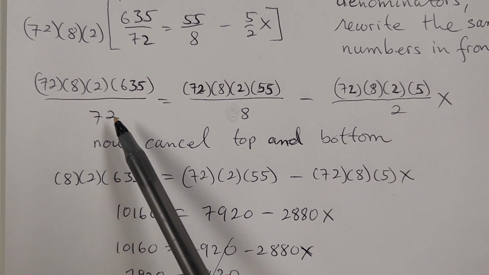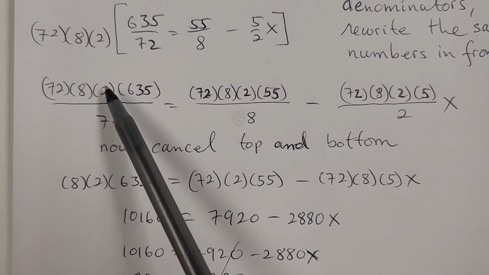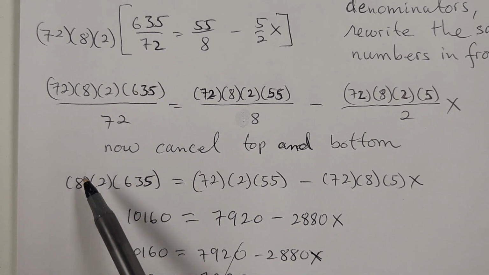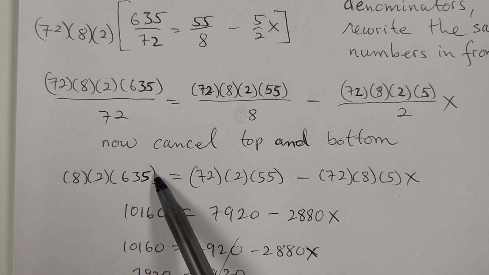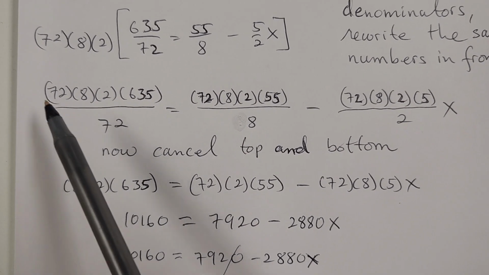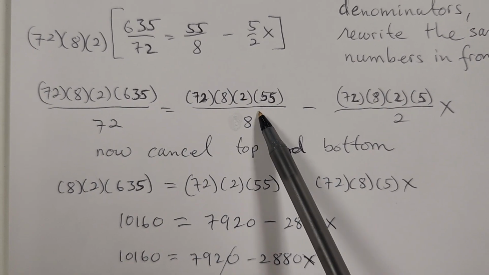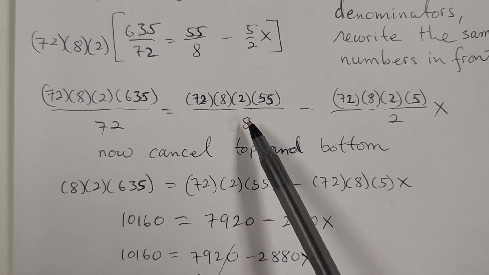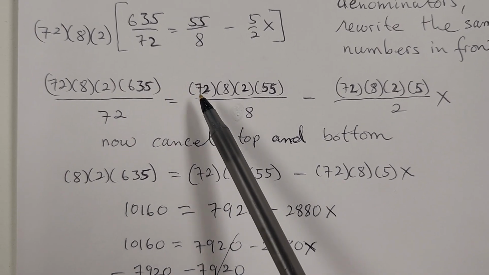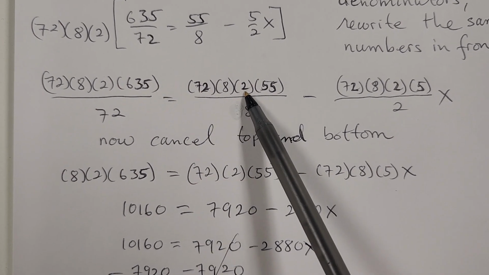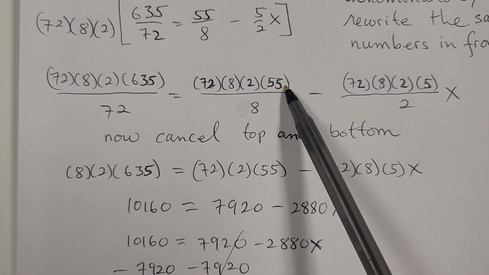All you have left is 8, 2, 6, 3, 5. This 72 is canceled. Do the next term. This 8 and this 8 are canceled, so you just have 72, 2, and then 55.